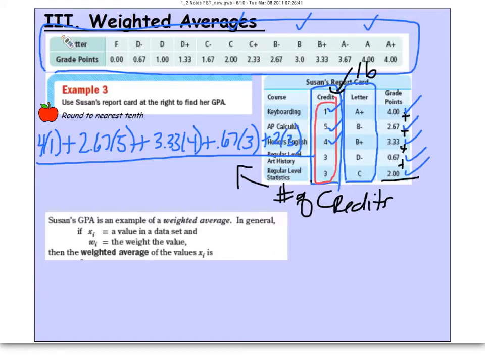So I'm going to take this whole top number and divide it by 16. When we do that, we're going to tally up everything on the top, divide the answer by 16, and you're going to end up getting a 2.42 is her weighted GPA. So she is coming in somewhere between a C plus and a B minus per credit.